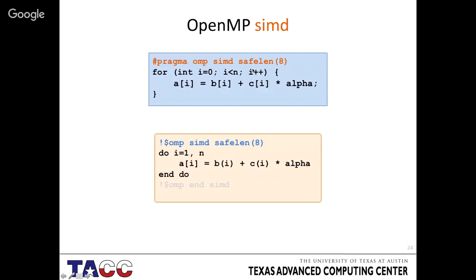And here's how you specify the safe length. And usually this is not the case where you'll see this. The usual case where you see this is that you have A of I on this side, and then A of I on the read side with an offset, and you know that that offset's always going to be 8.